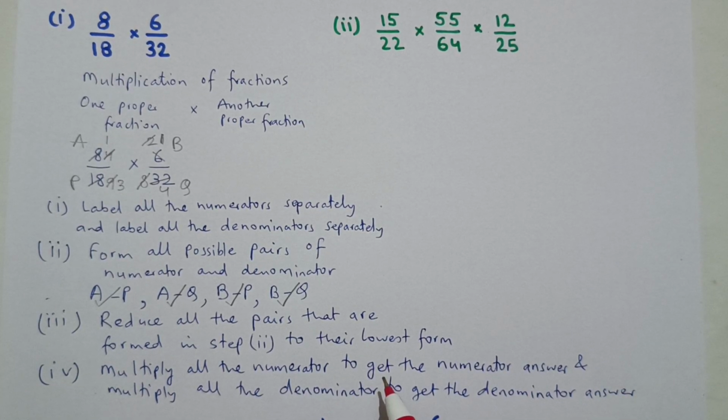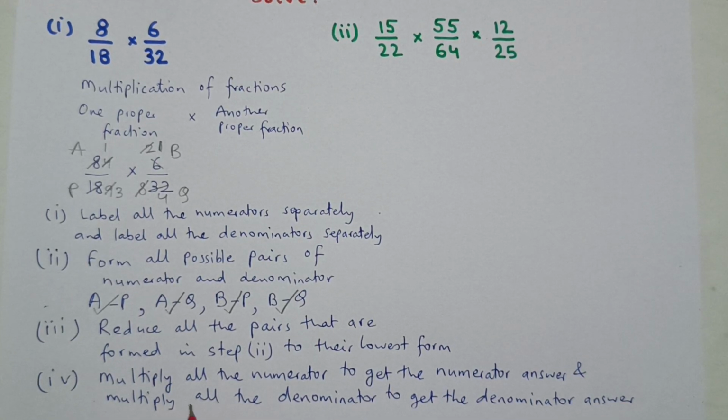So what do we mean by step number 4? Multiply all the numerators to get the numerator answer, and multiply all the denominators to get the denominator answer.